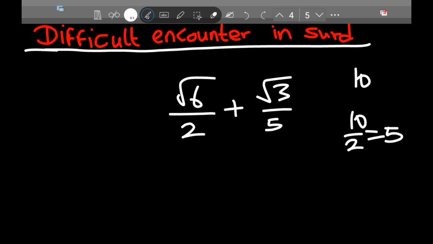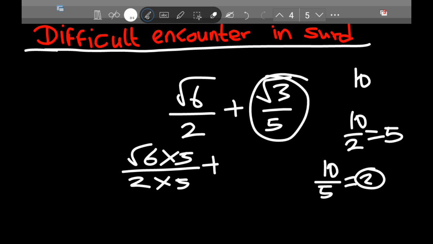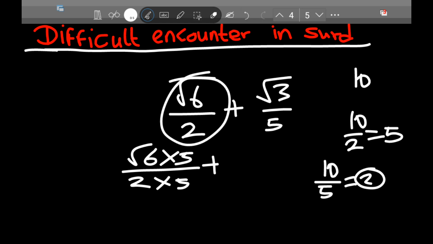So what you should get is root 6 times 5 over 2 times 5, plus this plus sign here. Then 10 again, which is the LCM, divided by 5. 10 divided by 5 is 2. So this 2 you multiply by the second fraction, just as you did here.